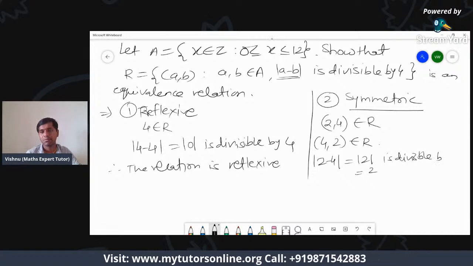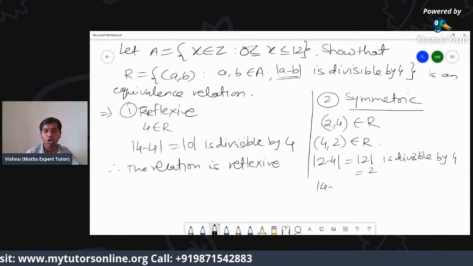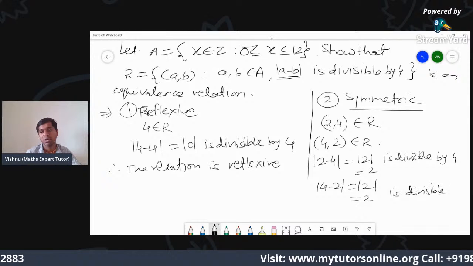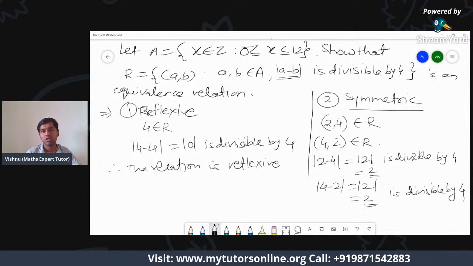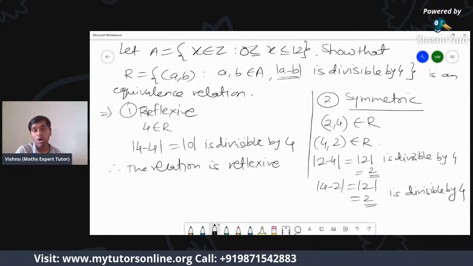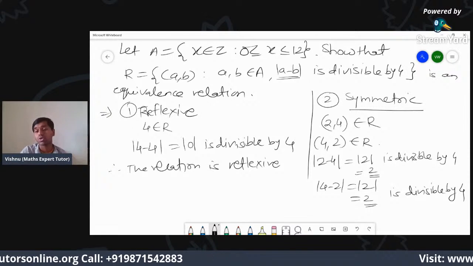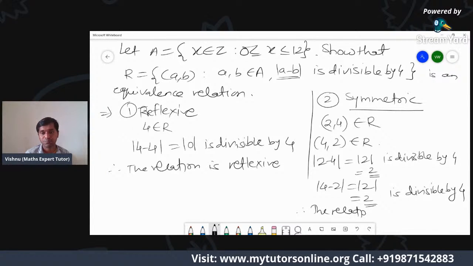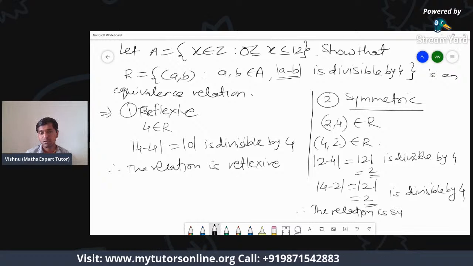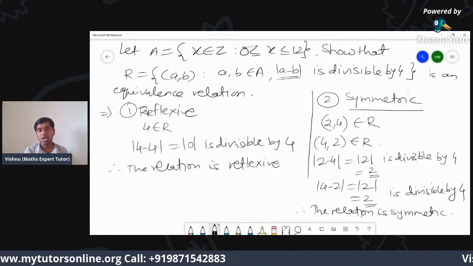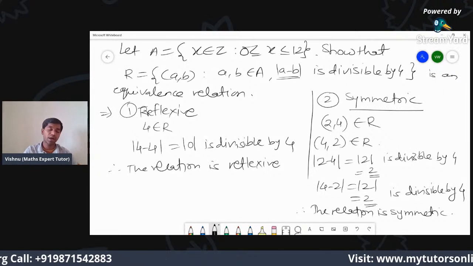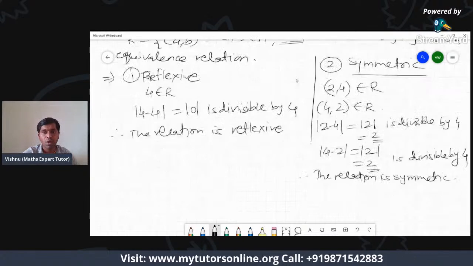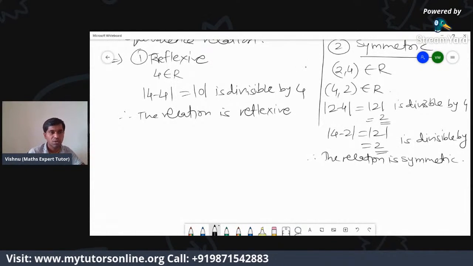So if (a, b) belongs to R, then obviously (b, a) also belongs to R, and therefore the relation is symmetric. Now I should go for transitive; the third one I'll do.